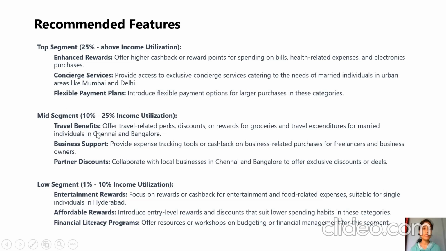So our plan must concentrate on mid segment customers and enhance them so that they move to the top segment, meaning their income utilization percentage must be high. In that way we have to give the benefits and structure the credit card features.